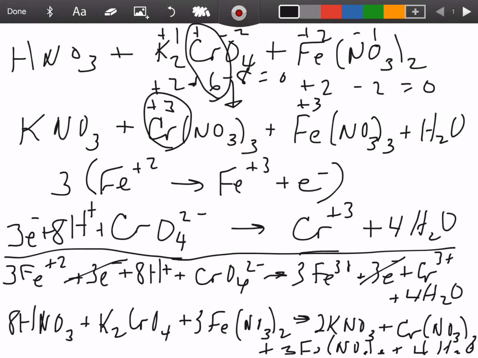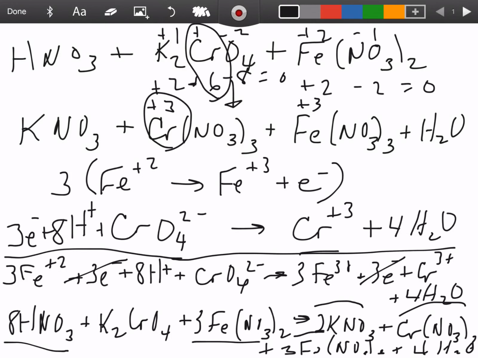One way to check is to make sure that every element is there in equal amounts, but maybe an easier way here is just to count the total number of nitrates. On the left-hand side I have 8 nitrates there, and I have 6 nitrates there for a grand total of 14 nitrates. And on the product side, I have 2 nitrates down below here, and I have 3 nitrates here, so that's 5 nitrates.